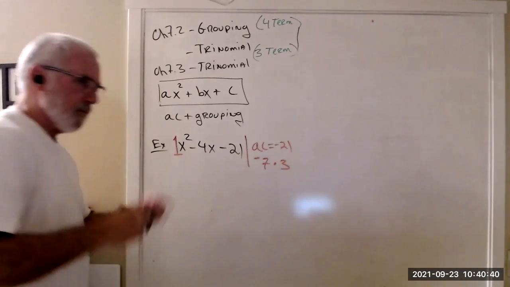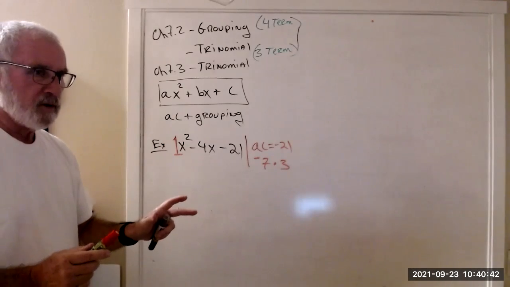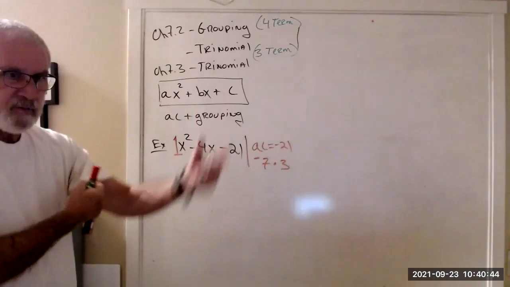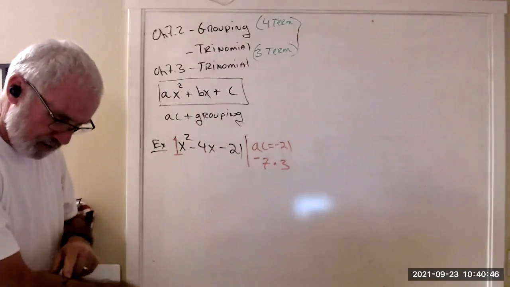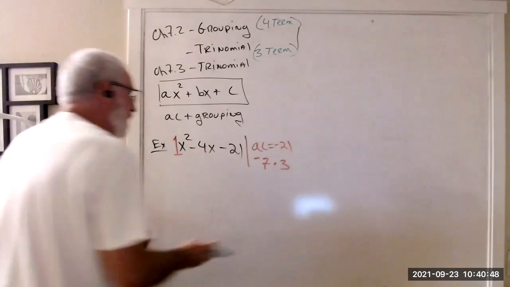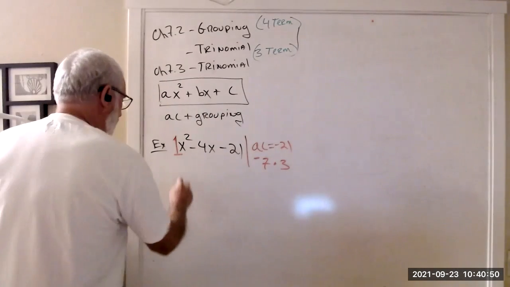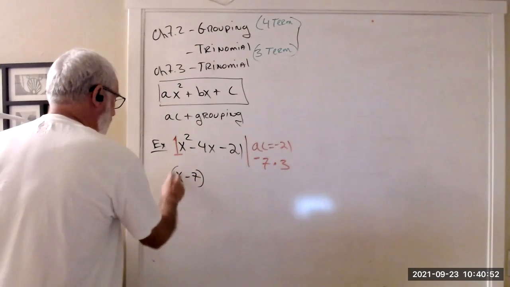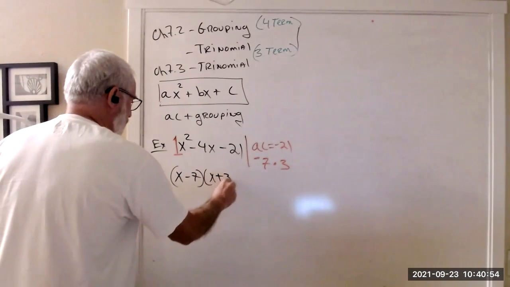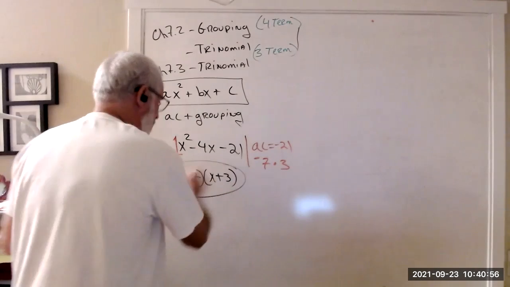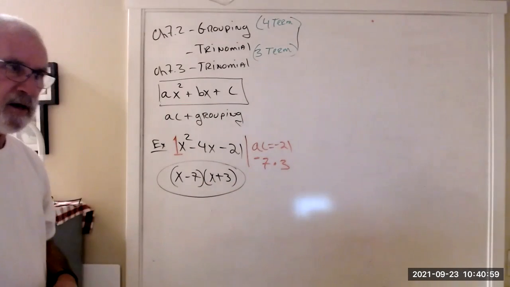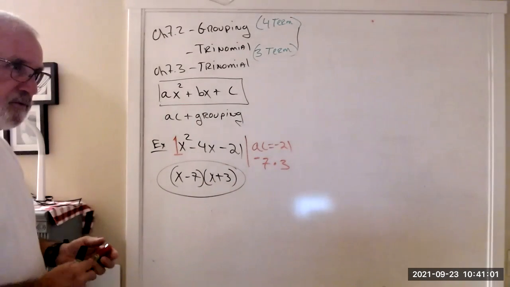Now watch carefully. There's nothing up my sleeve but my arm. But here's my answer: x minus 7, x plus 3. No grouping, none of that trick stuff. You're done.